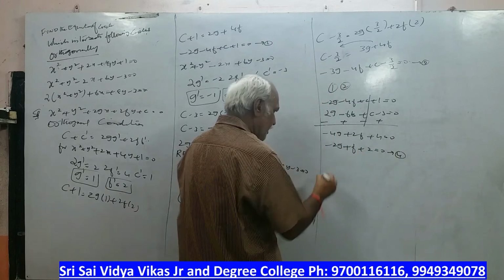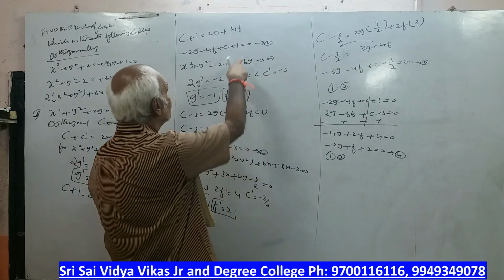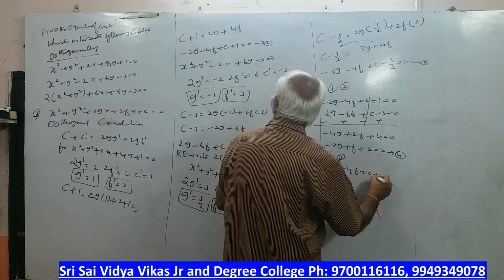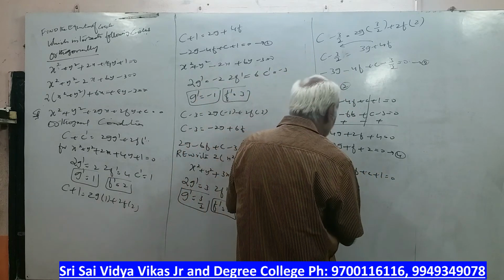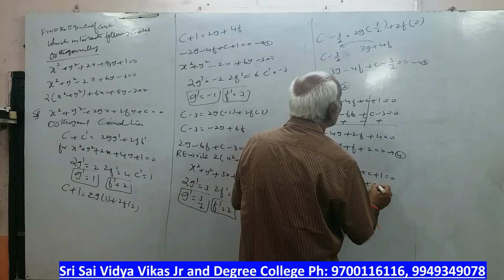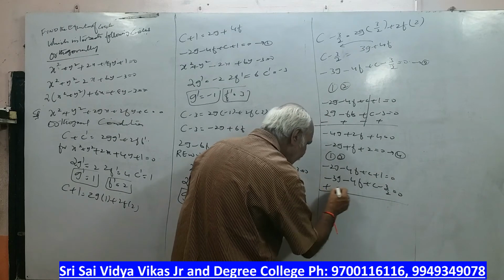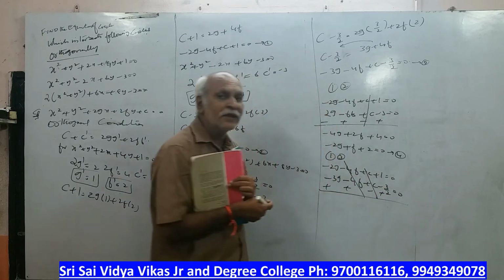Fourth equation. Again 1 and 3. What is the first equation? Minus 2g minus 4f plus c plus 1 is equal to 0. What is the third equation? Minus 3g minus 4f plus c minus 3 by 2. Observe here what will happen now. Plus plus minus plus. c will get cancelled, f also will get cancelled.